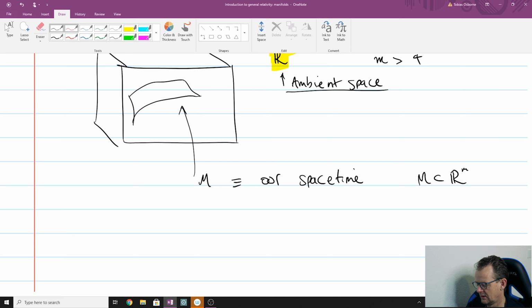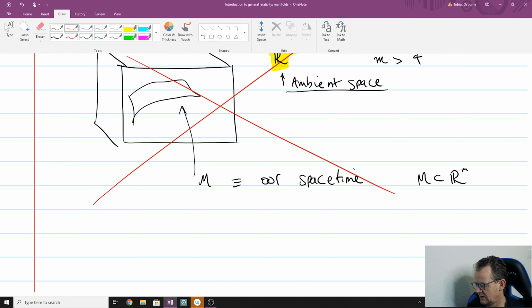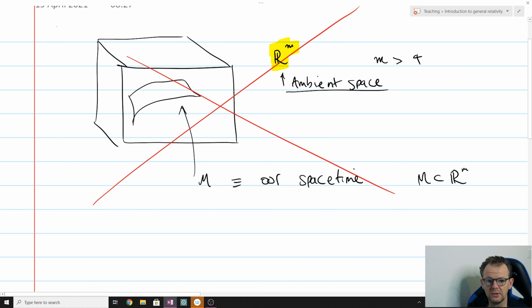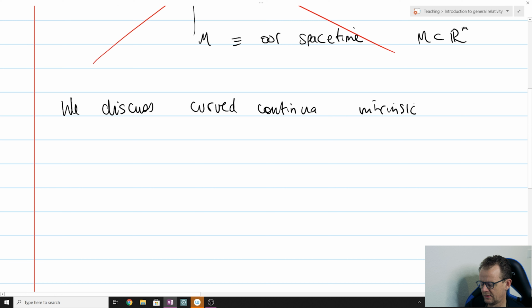This is not the way we're going to do things in this course, because even though it's harder work to begin with, it turns out it is more natural and a more transferable skill. It's also very important to discuss things intrinsically. So we discuss curved continua in this course intrinsically, without reference to an ambient embedding manifold or space-time.